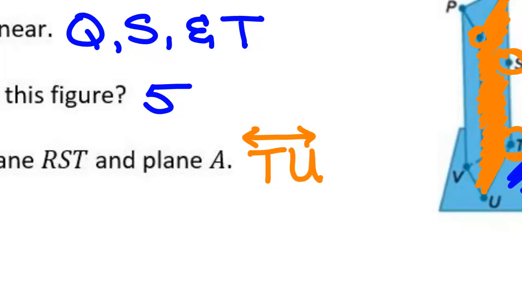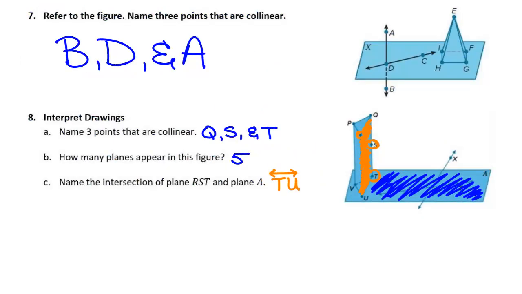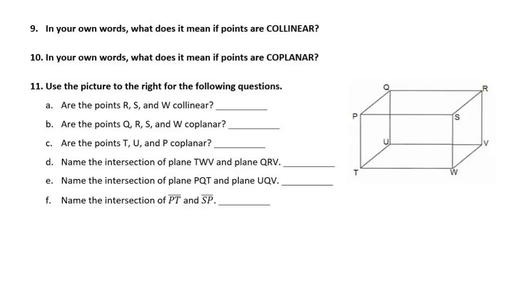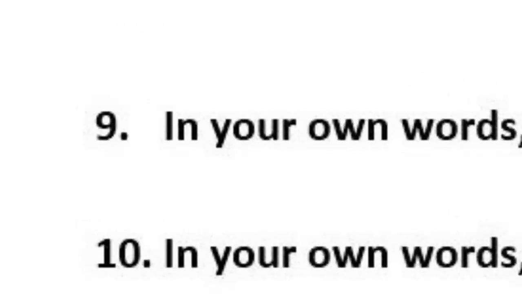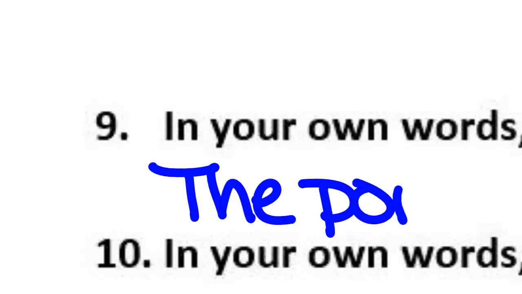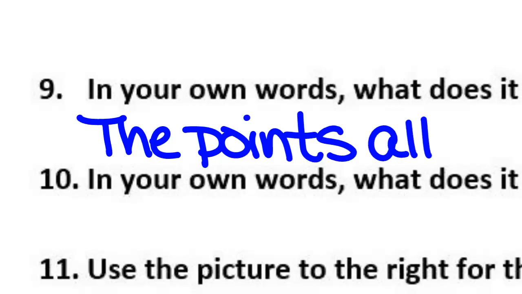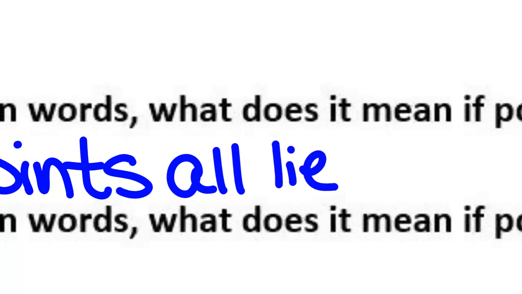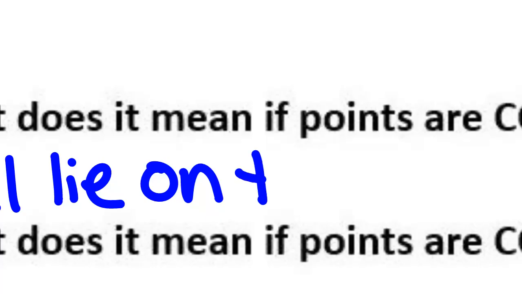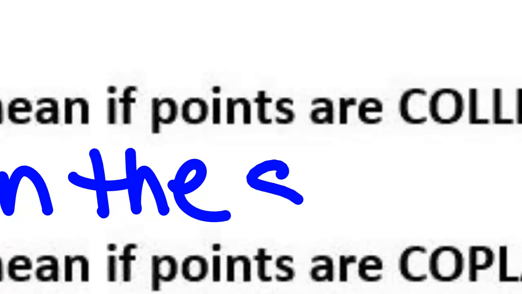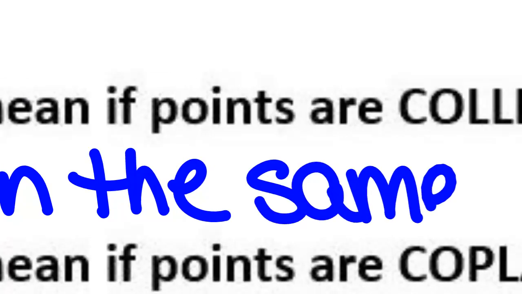All right. Let's get some things written down in your own words underneath number 9. What does it mean if points are collinear? Yes. The points are all in a line together. The points all lie on the same line.